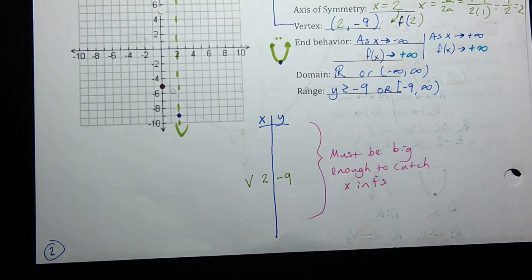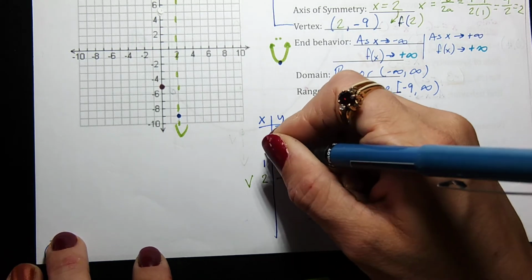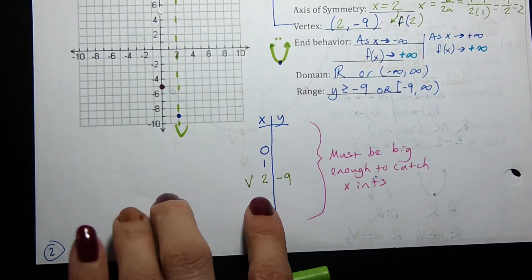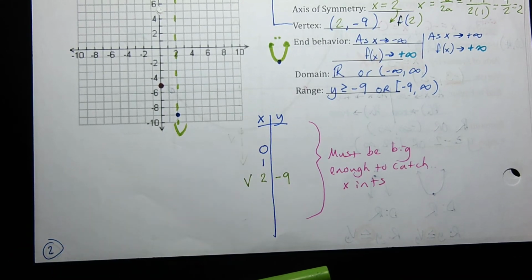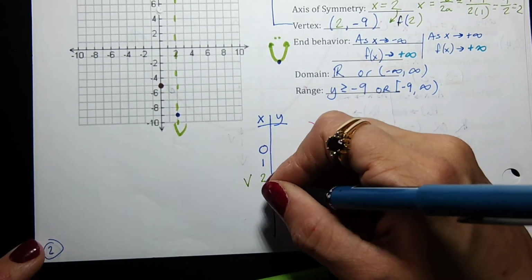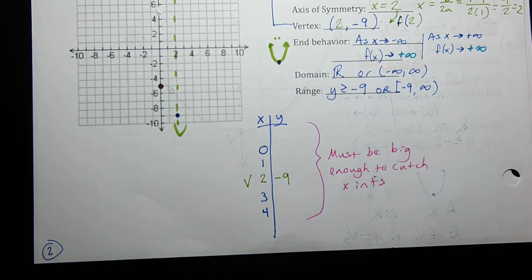We're going to go a couple points below, so backward from 2 or left of 2, 1 and 0. And then a few points above, 3 and 4. And we are going to see what this gets us as far as inputs and outputs.